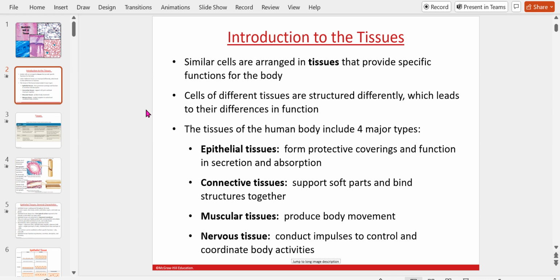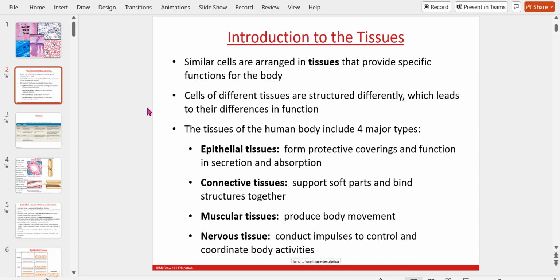Introduction to tissue. Similar cells are arranged in tissues that provide specific functions for the body. Cells of different tissues are structured differently, which leads to their differences in function. The tissues of the human body include four major types. Epithelial tissue forms protective coverings and functions in secretion and absorption.